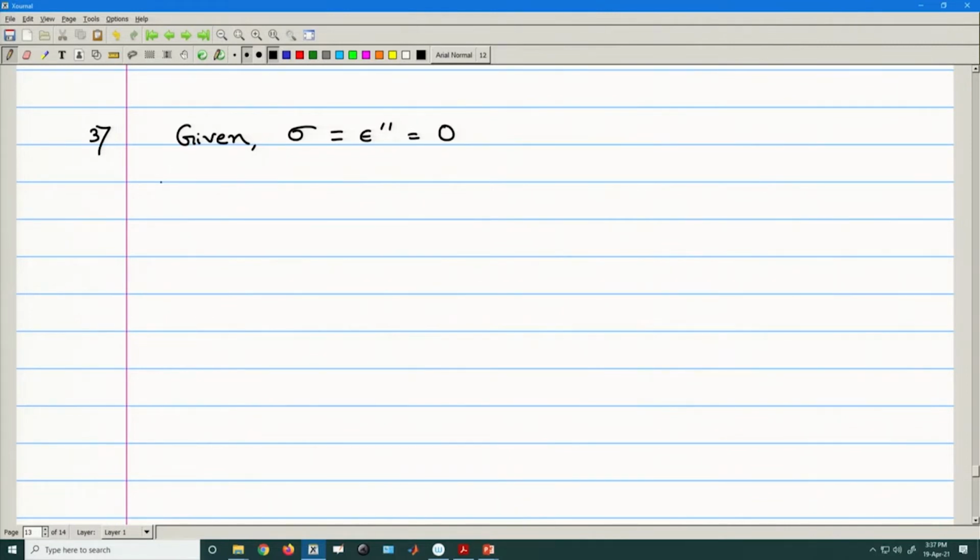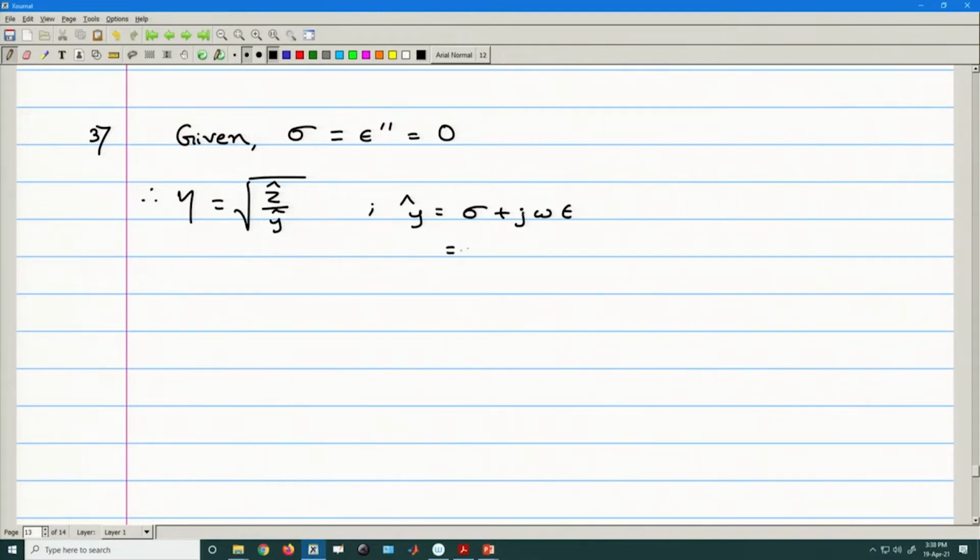Okay. So, we know that eta is root over z cap by y cap, where y cap is sigma plus j omega epsilon.